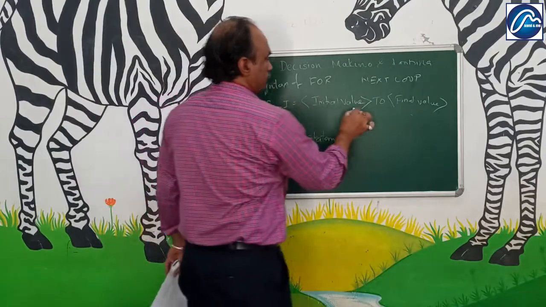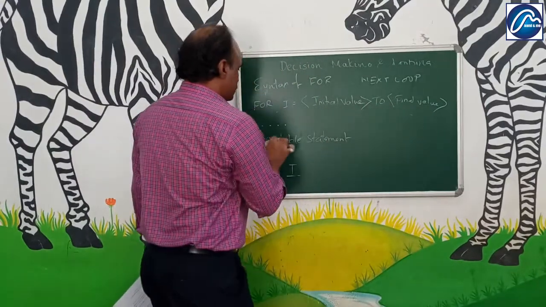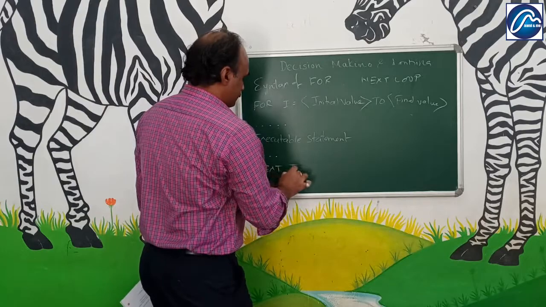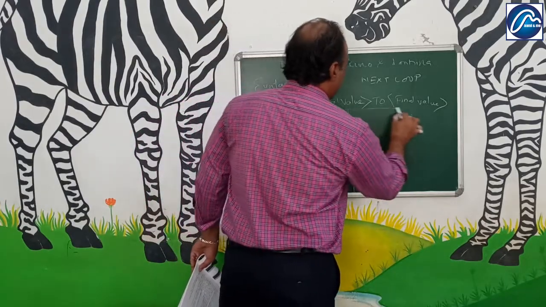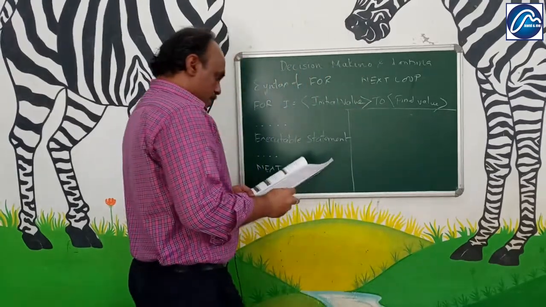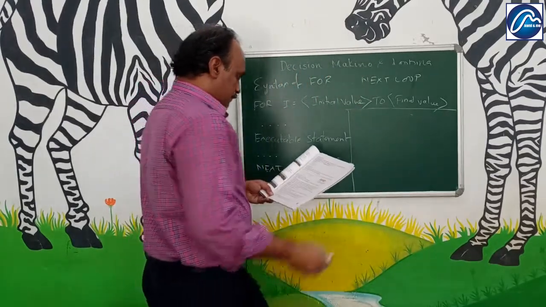For I is equal to initial value to final value, some executable statements are there, and next I. So when I write a program using this syntax, I will tell you how it is, and you will understand it in a better way.